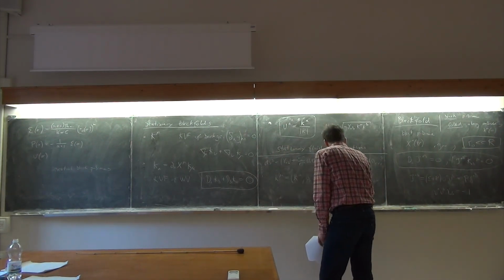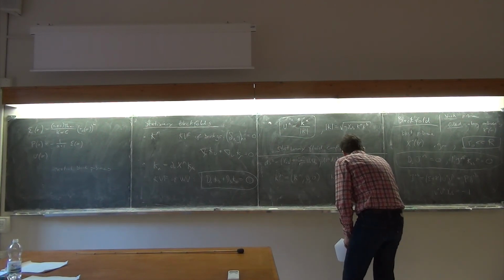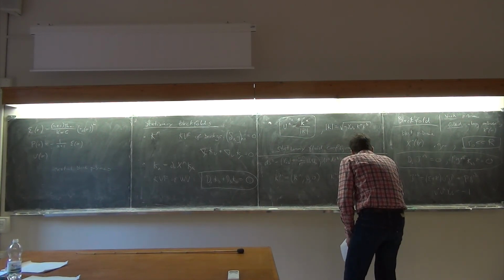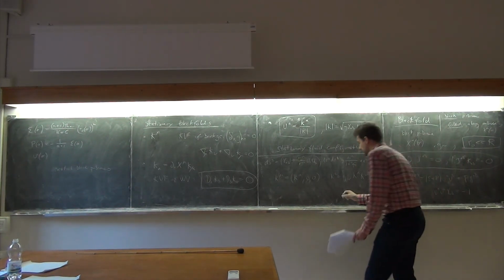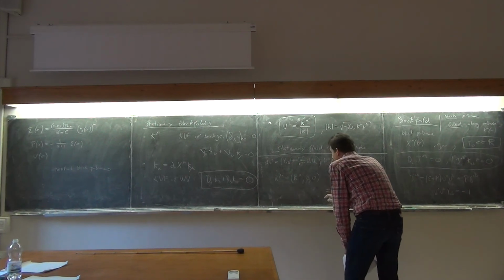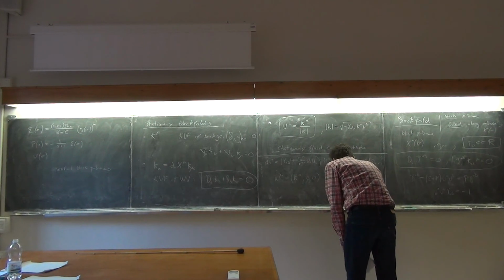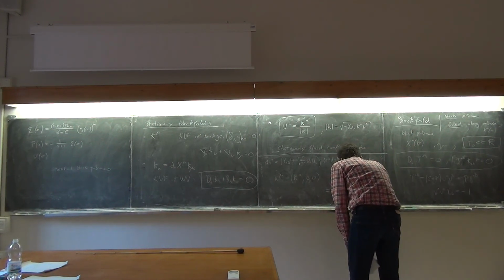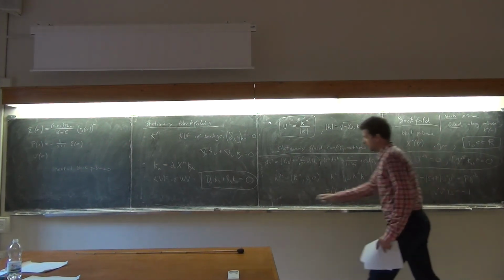So let's compute the norm. k squared is g_{mu nu} k^mu k^nu, and this is equal to, then we only have to take this part of the metric. So this is gamma_ab plus (r0/r)^n u_a u_b, and then k^a k^b.